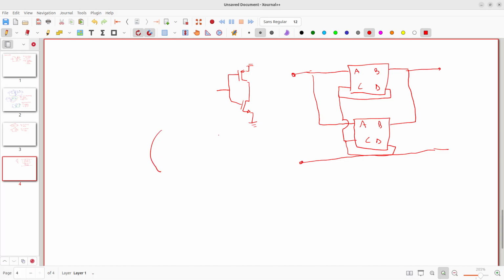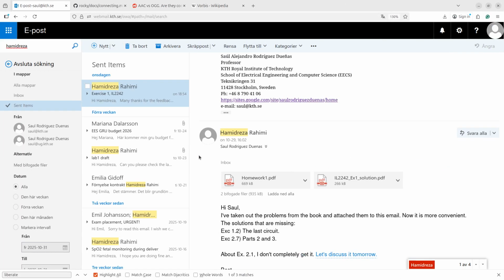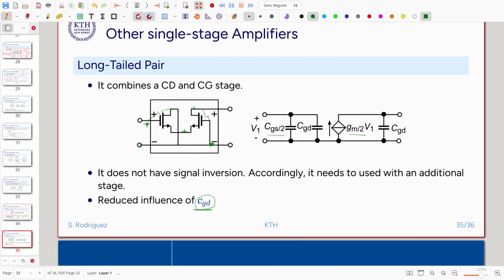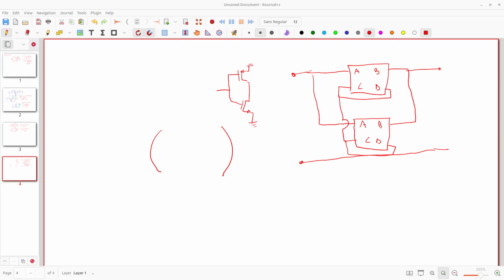And if we do a similar analysis to what we did for the differential stage, we will have that our resulting ABCD parameters will look like this.